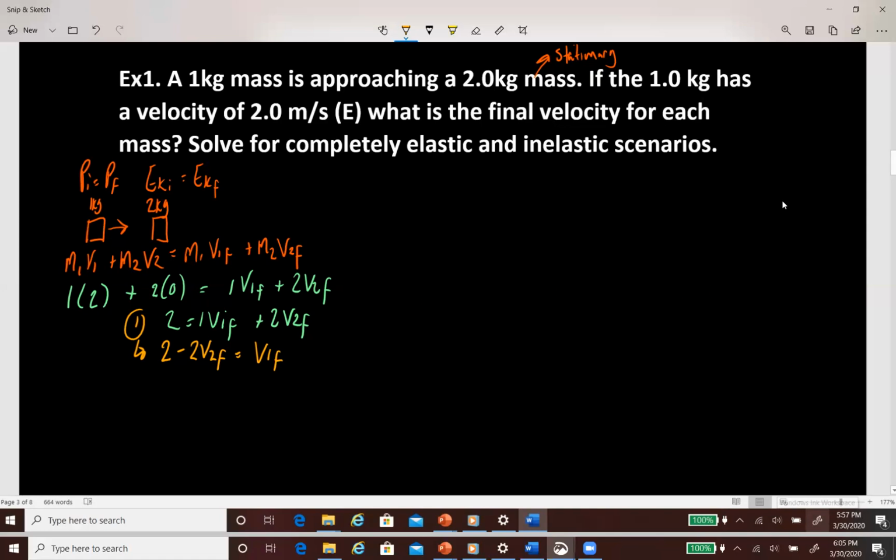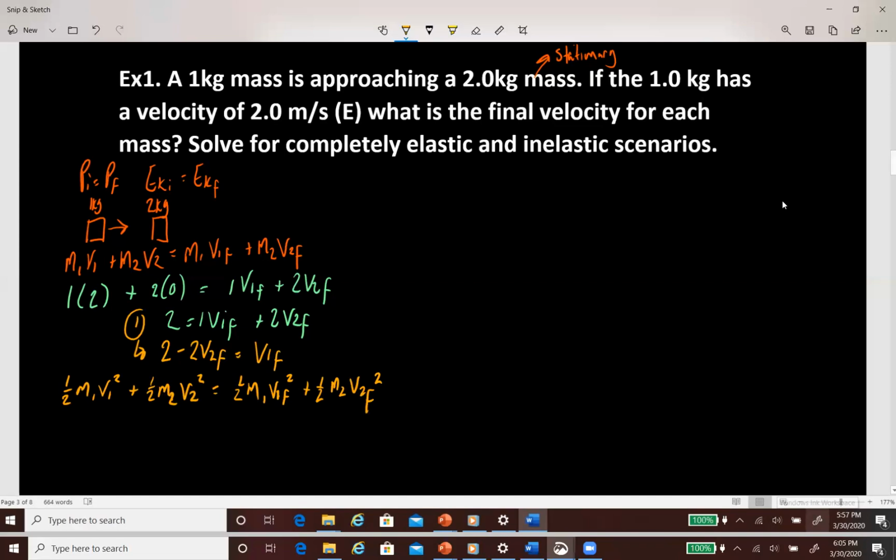Now, the reason why we're doing that is because we have to do substitution, as you'll see in a second, because we know that not only is the momentum conserved, but also the energy is conserved. Which means that 1/2 m1 v1 squared plus 1/2 m2 v2 squared is equal to 1/2 m1 v1f squared plus 1/2 m2 v2f squared.